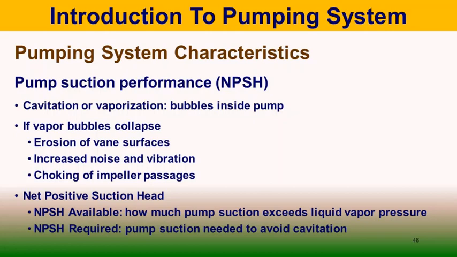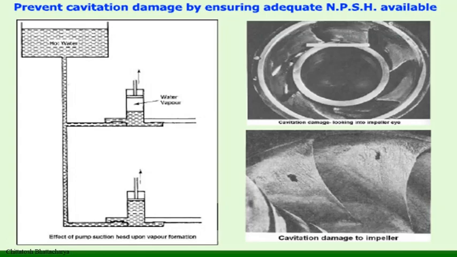Vaporization itself does not cause any damage, but when the velocity is decreased and pressure increased, in the process of the liquid imparting kinetic energy conversion, there is more velocity and pressure creation, and the vapor will then definitely evaporate and collapse. So this will create a damage mechanism in terms of erosion of vane surfaces.